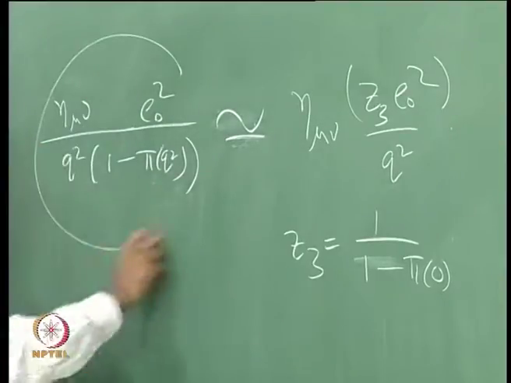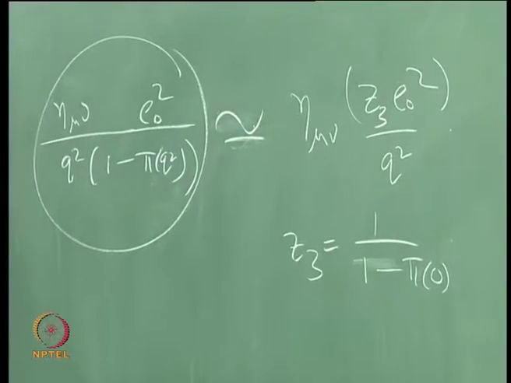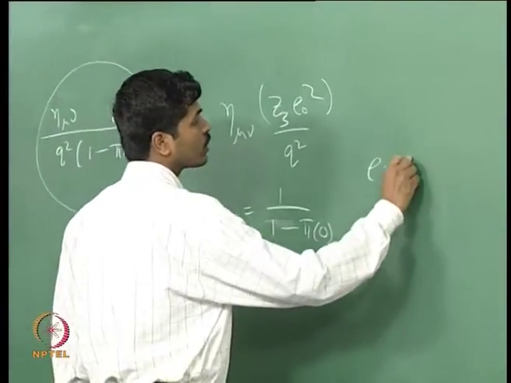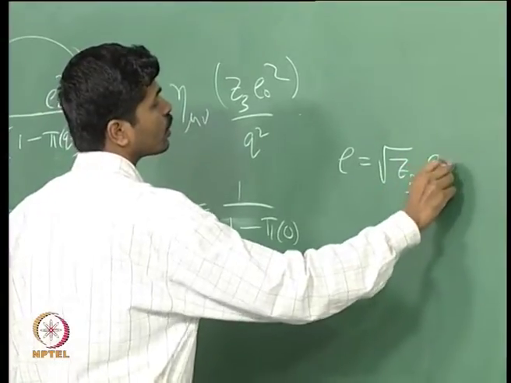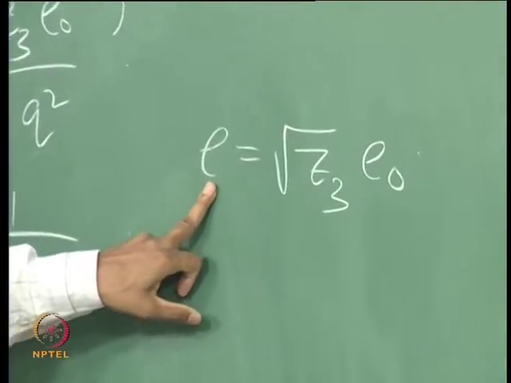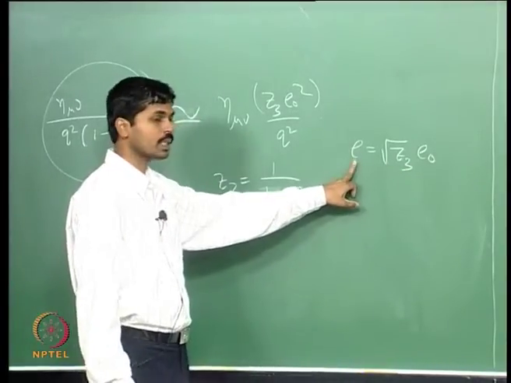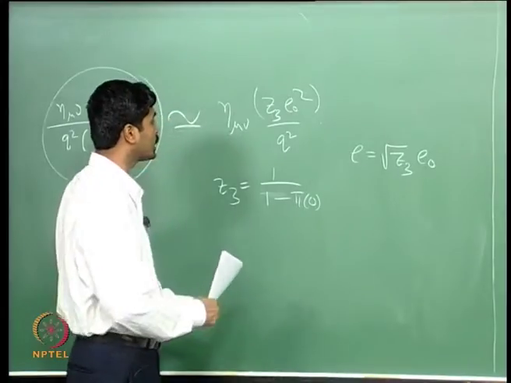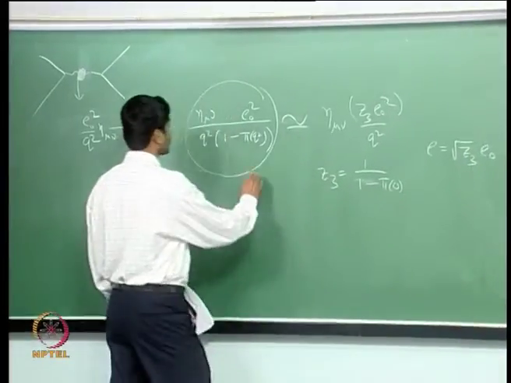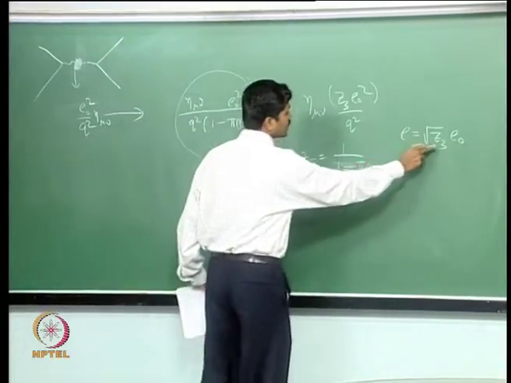This term basically modifies the charge of the electron, it renormalizes the charge of the electron, and e0 is replaced by e, which is given by the square root of z3 times e0. e0 is known as the bare charge of the electron, e is the physical charge of the electron, and the bare charge times square root of z3 gives the physical charge. Any physical process sees only the physical charge of the electron, and all these quantum corrections are encoded in the term pi of q squared here, or in the term z3 here.